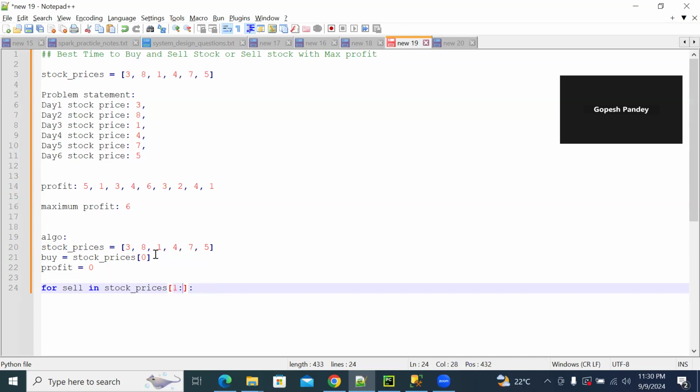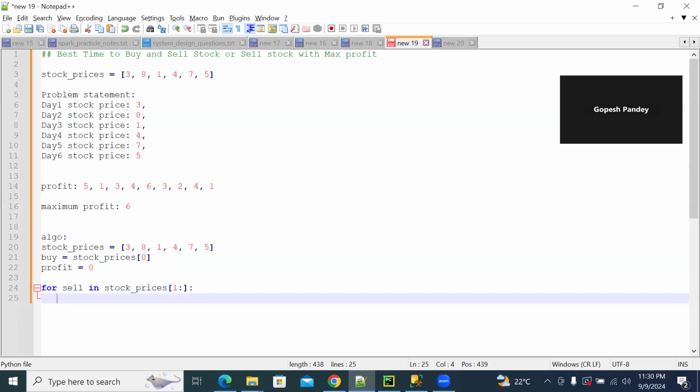If you just iterate the loop like this, it starts with the zeroth index, so it will take 3 into consideration too. Since the zeroth index, in this case 3, is our buying amount, we are declaring buy, so we will leave that, and from 0 plus 1, starting from the first index, we will iterate the loop. So this is what we are doing right now here.